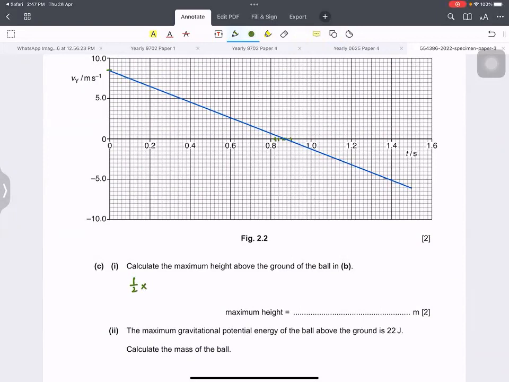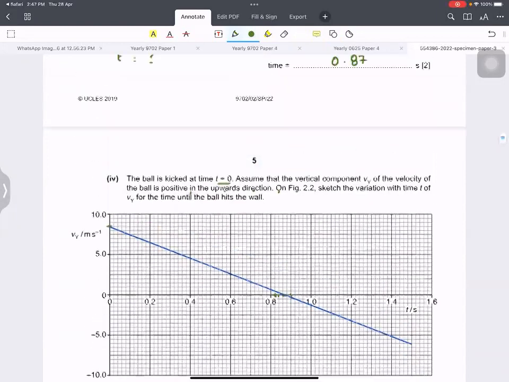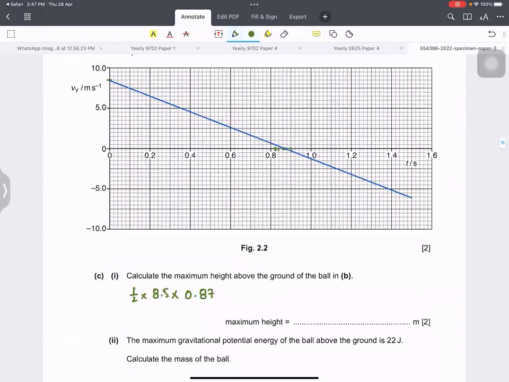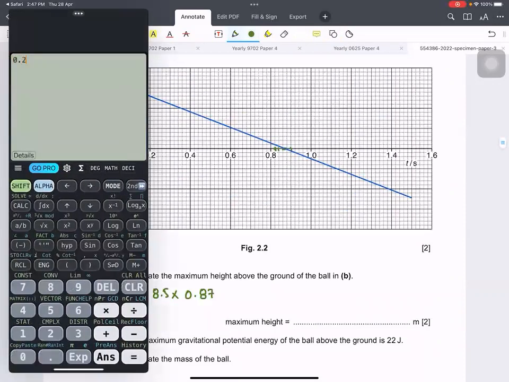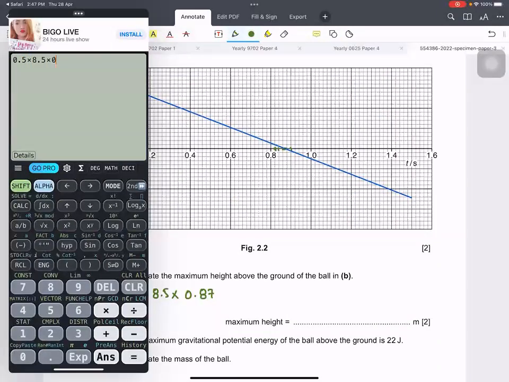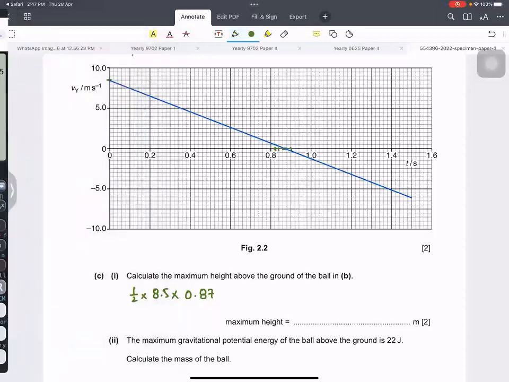By taking the area under the graph, this is half times 8.5 times 0.87, and when you do this, 3.7 meters. So that should be your answer.